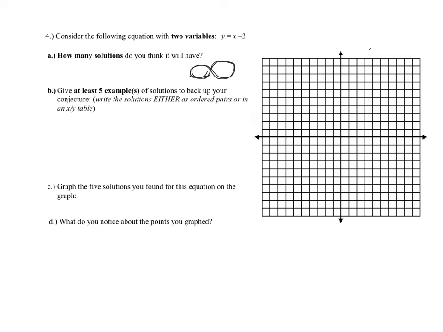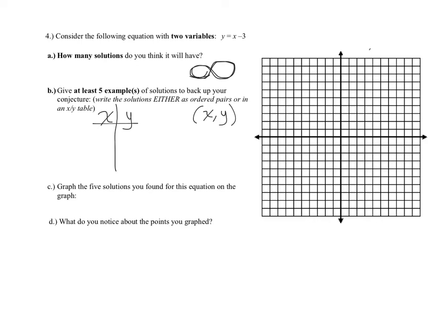Okay? So now if I say give at least 5 examples of a solution to back up the fact that there are an infinite number of solutions, what I'm asking you to do is either write your answer using an XY table, or write your answer as a list of ordered pairs.